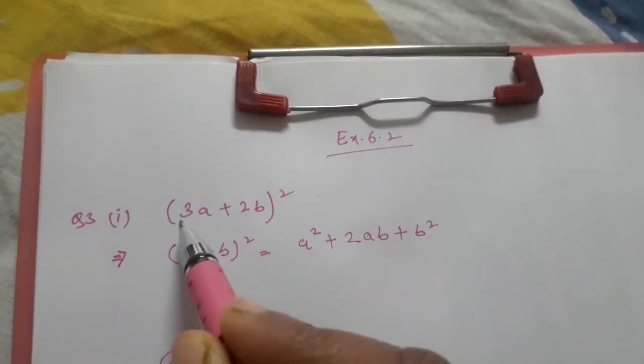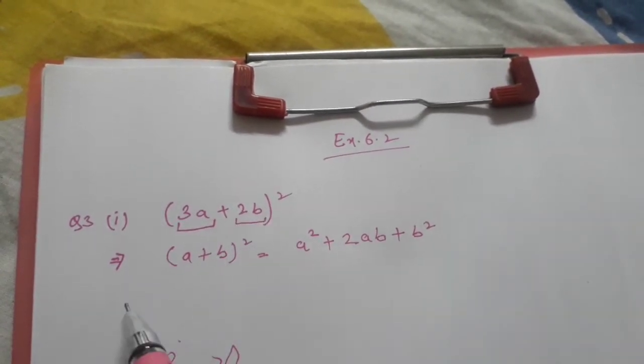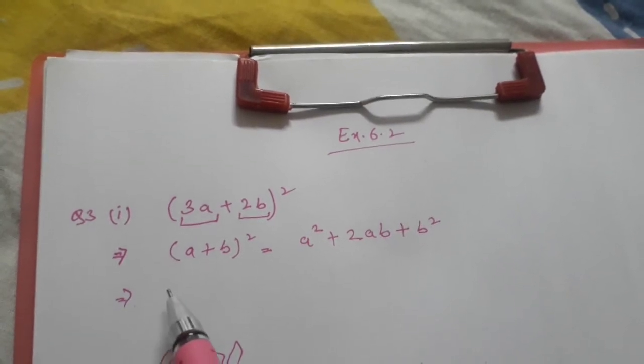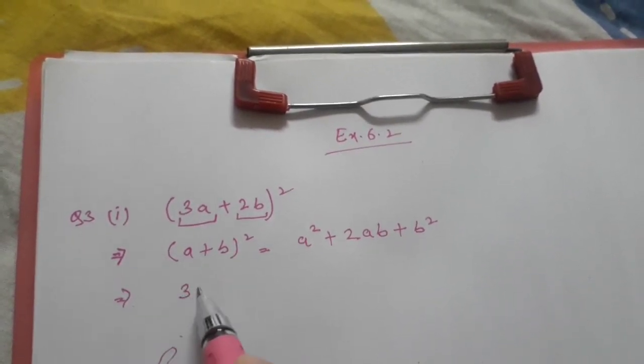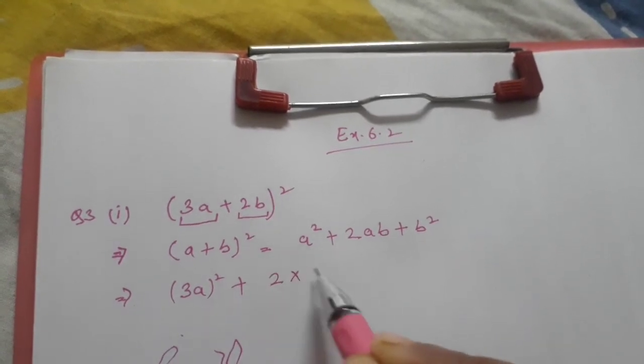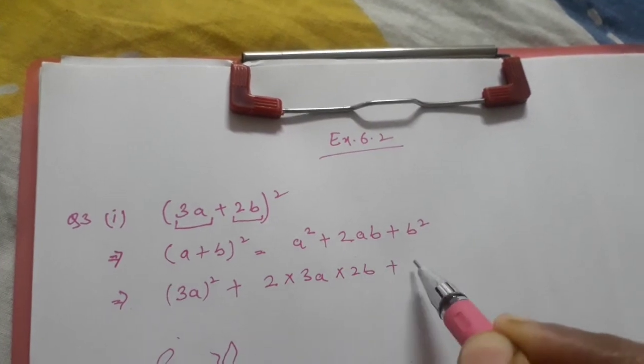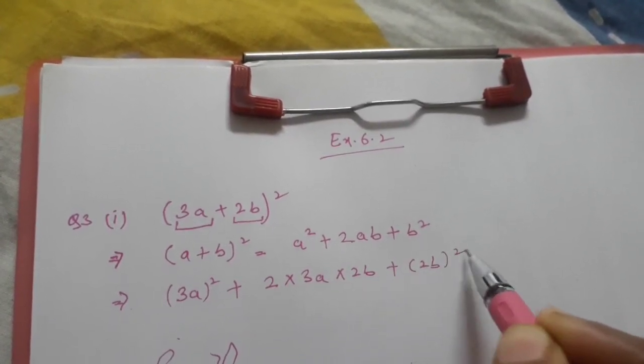So here we will assume 3a as a and 2b as b. So 3a square plus 2 into 3a into 2b plus 2b square.